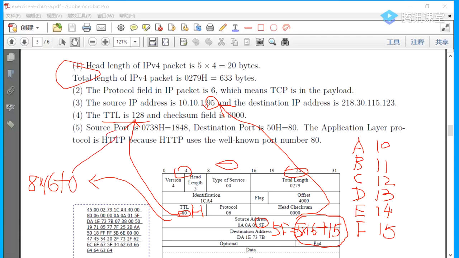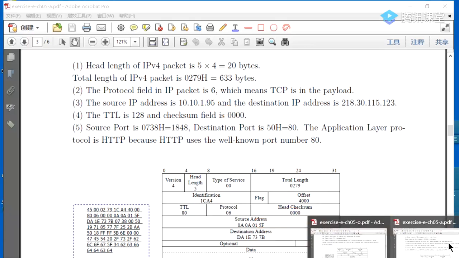So it is 128, right? Checksum field, all 0. That is 0 without a dot. Now, look at the next question.